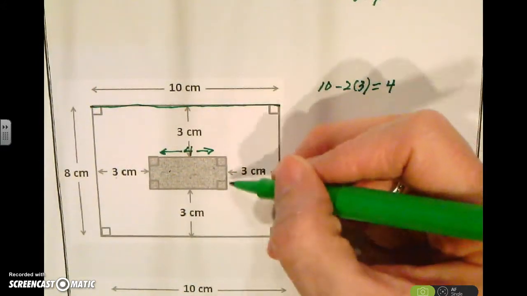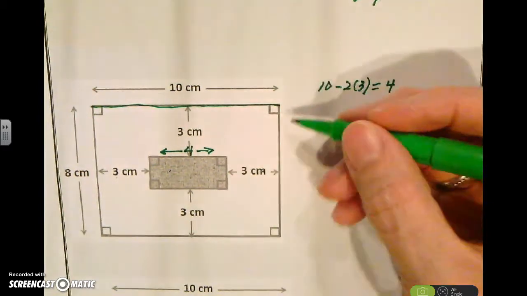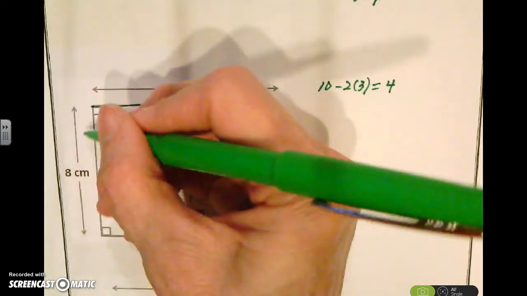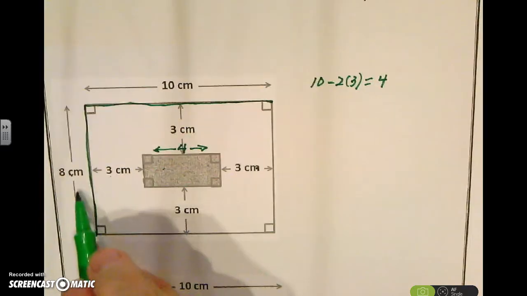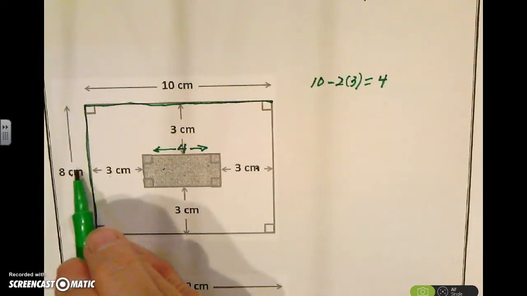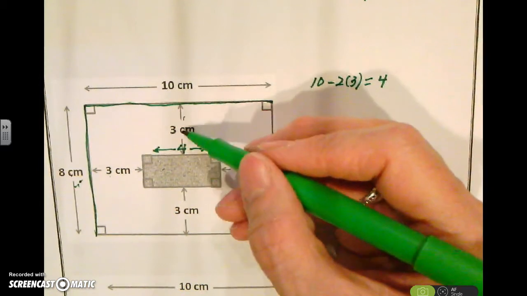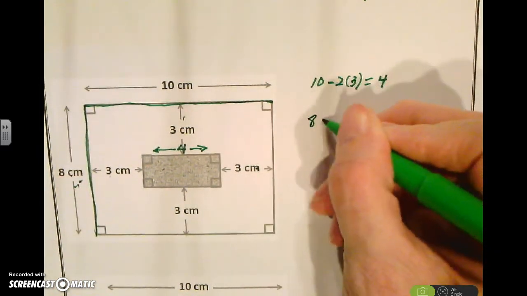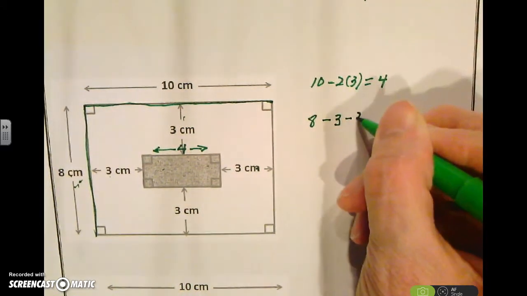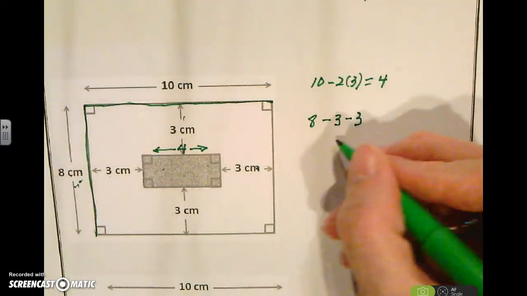Then this vertical distance from here to here, we can do the same thing. We just need to know how long it is from top to bottom, which is 8. And then if that's 8, then I'm going to have to subtract off 3 and subtract off 3 again. So I have 8. I'm going to subtract off 3 once and subtract off 3 twice.